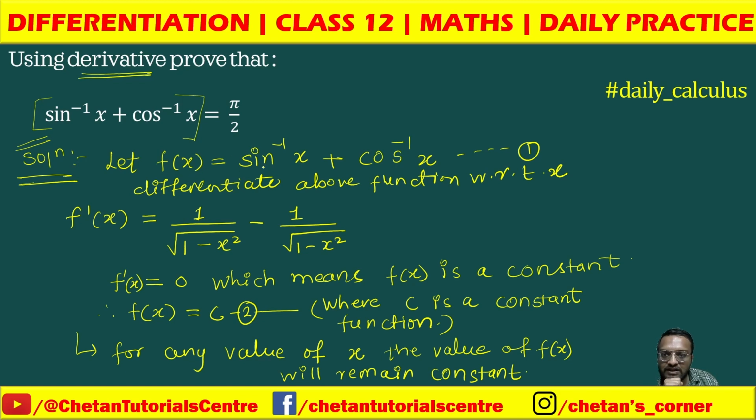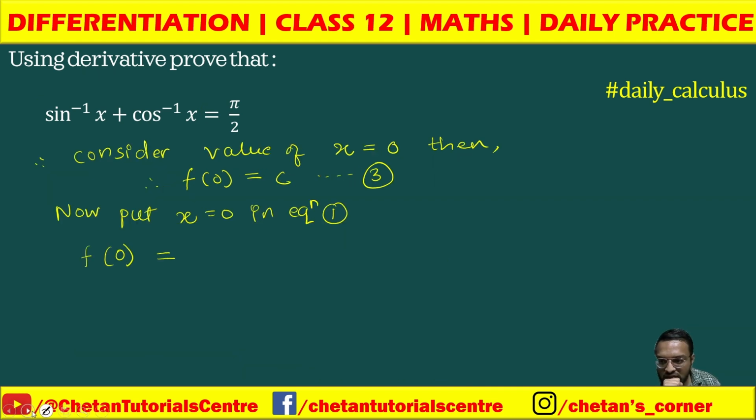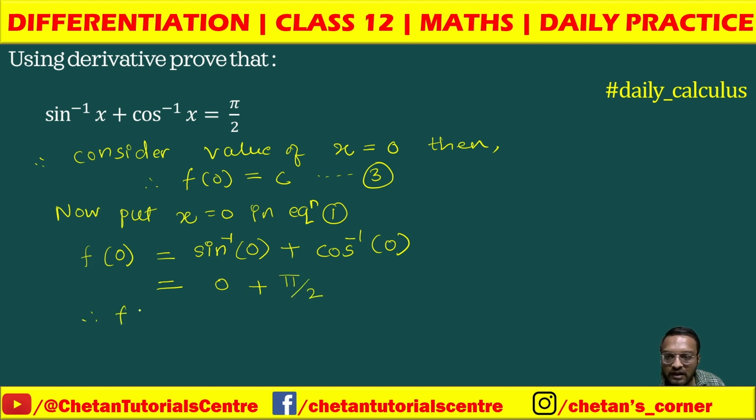So f of 0 is equal to sine inverse of 0 plus cos inverse of 0. Now we know the value of sine inverse of 0 is 0, plus cos inverse of 0 is pi by 2. Therefore, f of 0 will be pi by 2. This is equation number 4.